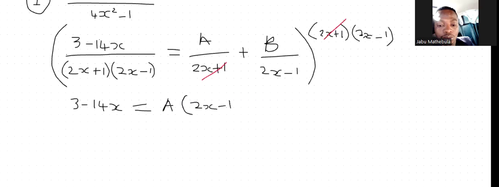And then we take these two again, and this time around, we're going to multiply into the other one, the B. And you can see 2x minus 1, 2x minus 1, they cancel. And then this means that B will be multiplying into 2x plus 1.